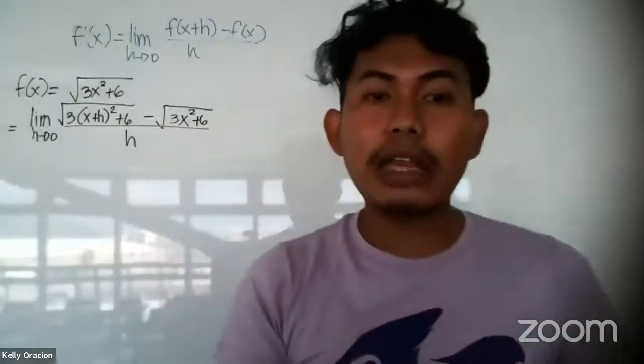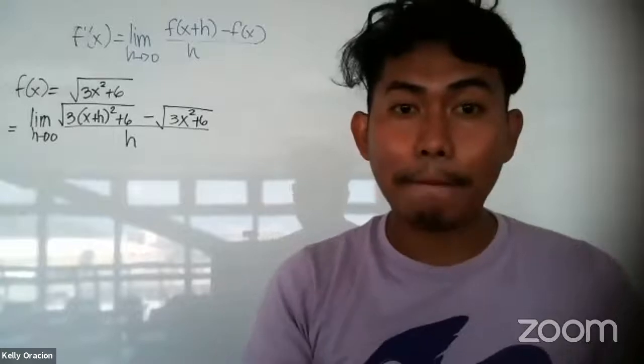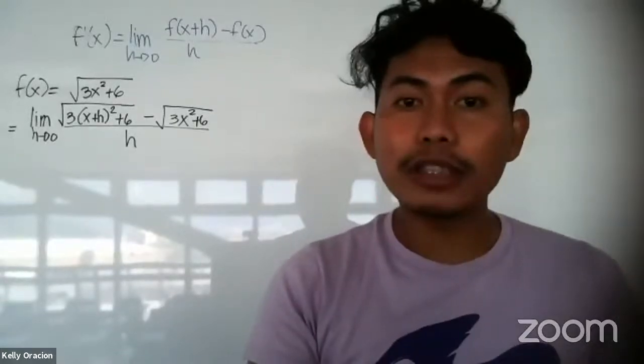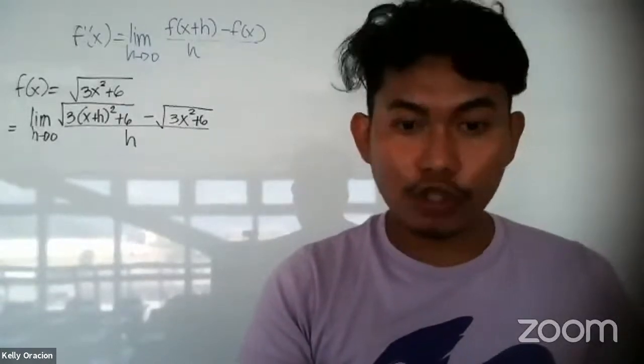Ito yung first step natin. Minus f of x. So after substituting by x plus h, isa-subtract mo siya sa given function. So minus square root of 3x squared plus 6. Then all over h as h approaches 0. Class, huwag niyong kalimutan i-all over h talaga.